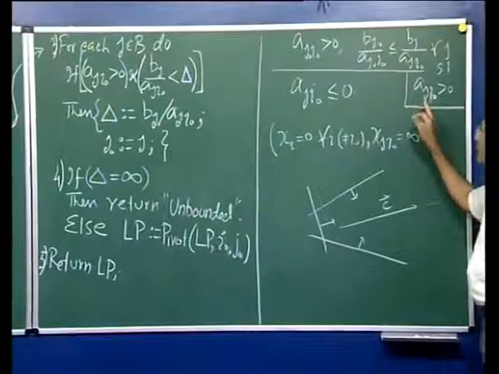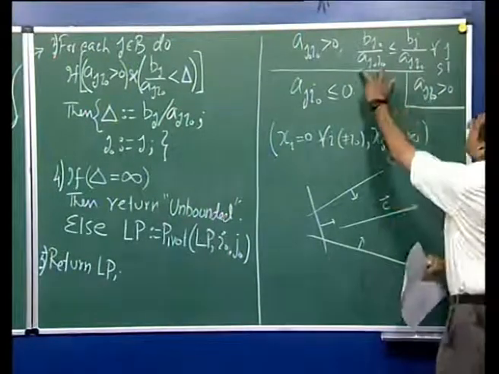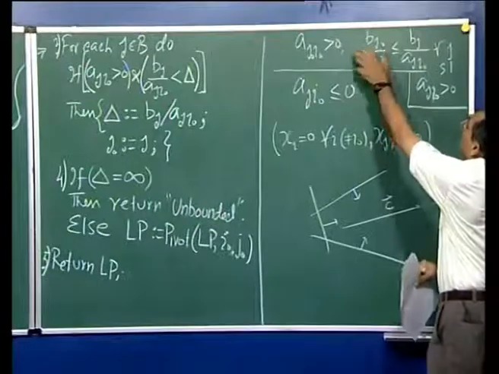Among those J for which this is positive, this J naught is so chosen that this is the least quantity.